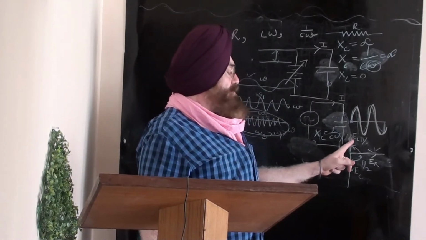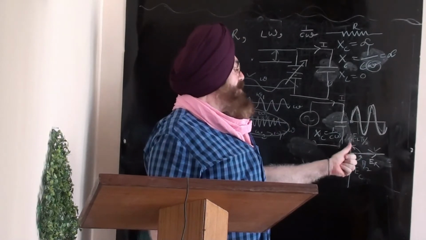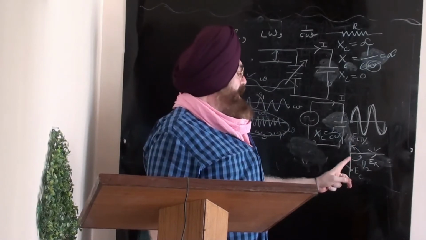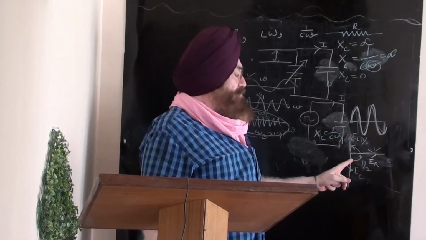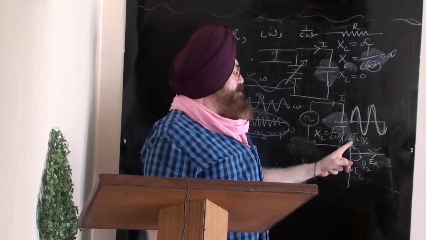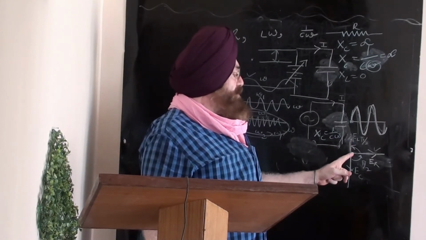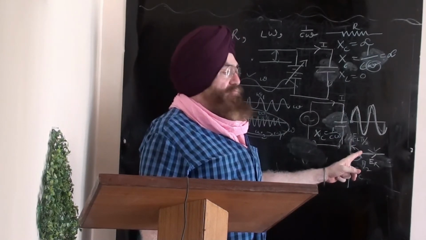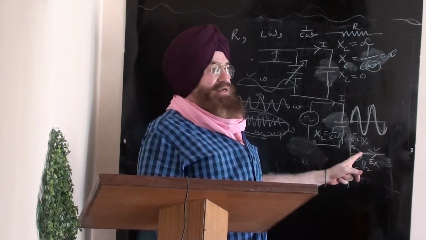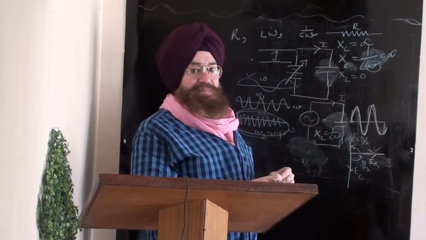Coil voltage also differs by 90 degrees to the voltage. But coil voltage is leading by 90 degrees, and capacitor voltage is lagging behind by 90 degrees. Of course, both are out of phase with the voltage by 90 degrees, but one is leading and one is lagging behind.